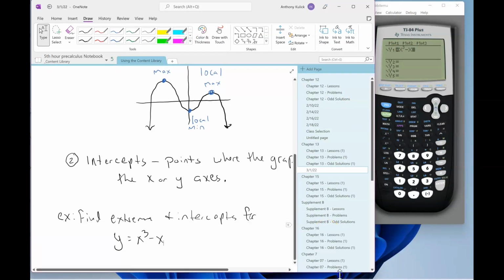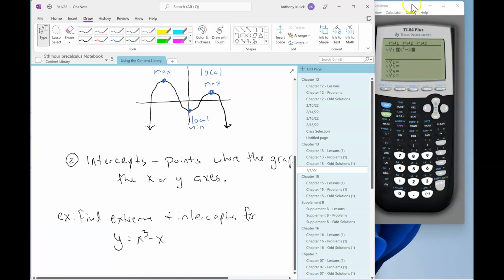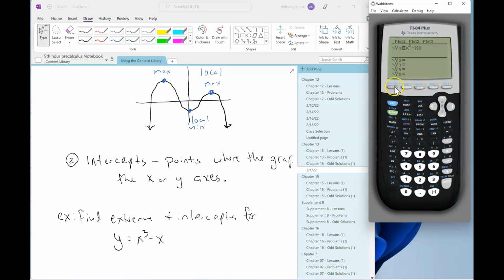I went to the y equals menu and I just typed in x cubed minus x.